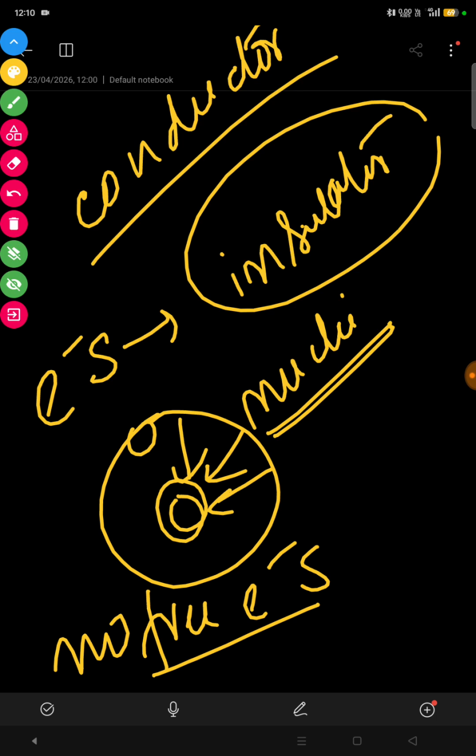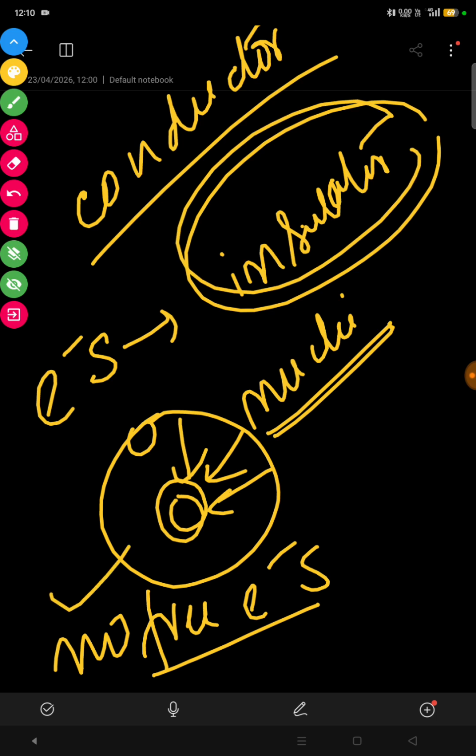But in an insulator, there is no free electron, as the nuclei hold the electrons strongly, which makes the insulator a bad conductor of electricity.